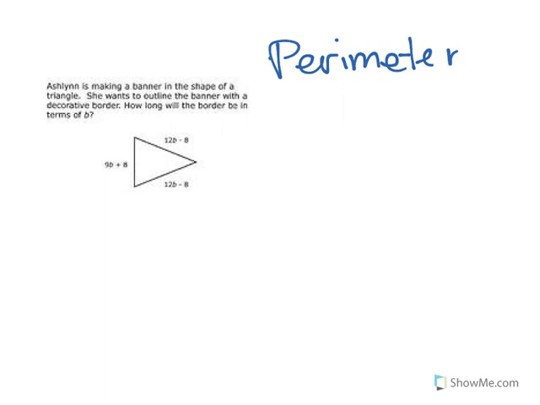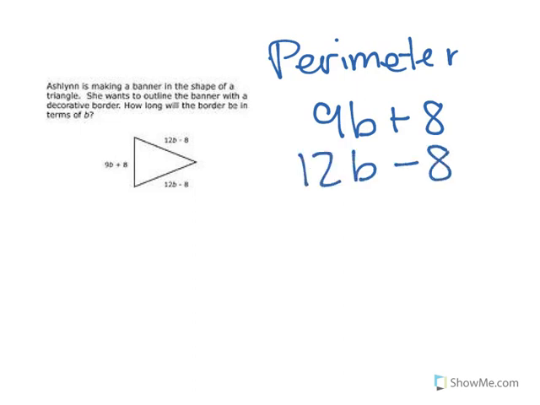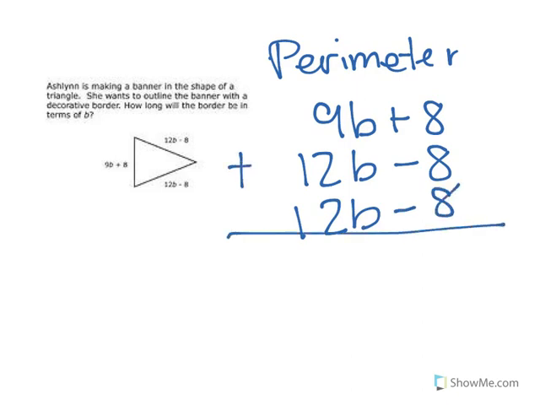So I'm going to add up 9b plus 8, and then 12b minus 8, and 12b minus 8, and put them all together. So 8 minus 8 is 0. 0 plus negative 8 is negative 8.